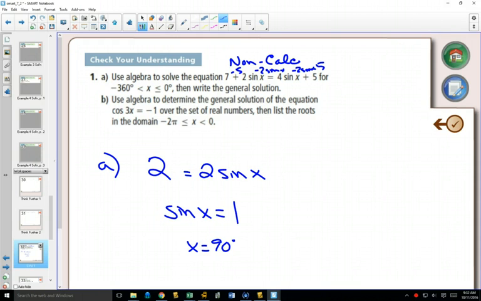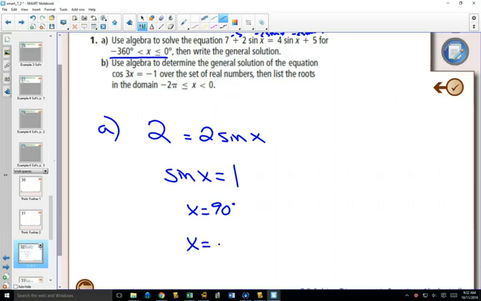Okay? Once you've done that, now we have to say to ourselves, hey, wait a minute, what was the domain that they were asking for? And here, they were asking for negative 360 to 0. So that's from 0 to 360 in the negative direction. So now what would be coterminal with 90 degrees between 0 and negative 360?